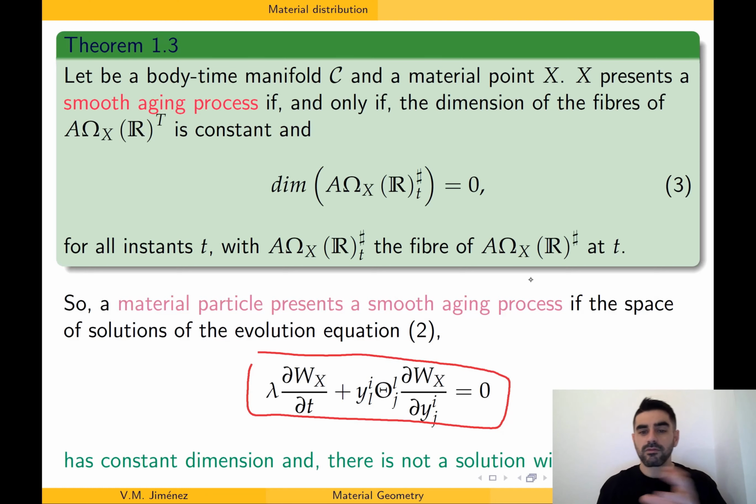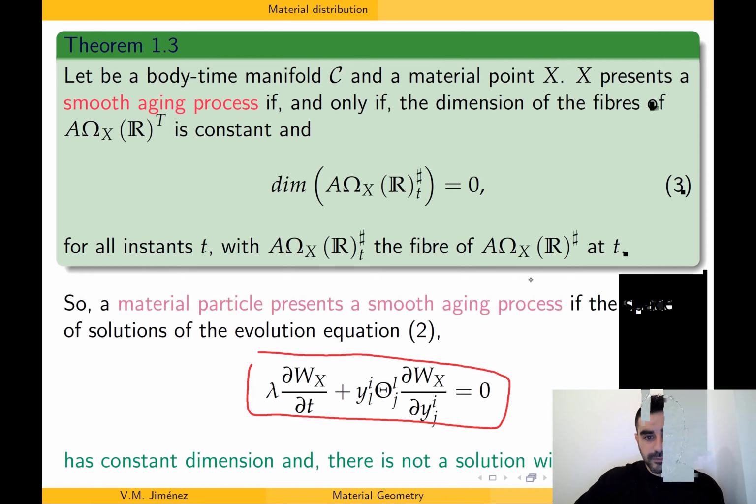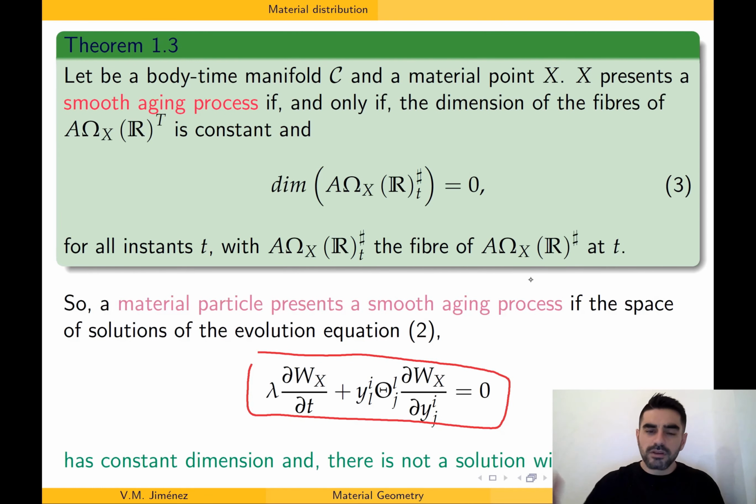If that happens, what we have is a smooth aging process. In another case, what we can do with this equation is to discover how my evolution is, where we can find intervals of remodeling, when there are intervals of changing or of aging, this kind of thing.